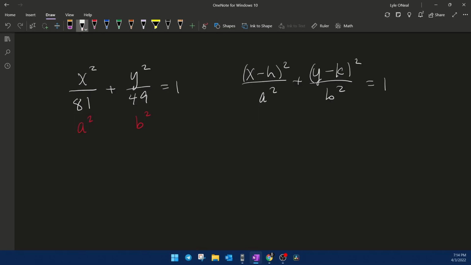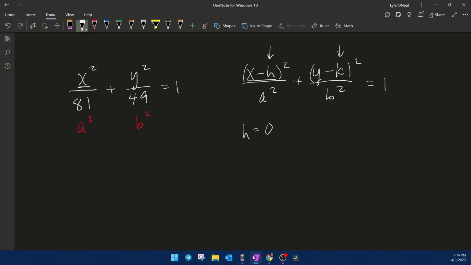All right, so now that we have our standard form copied down, a simple question: what value would h have to be for x minus h squared to simplify to only x squared? Well, h would need to be 0 because x minus 0 is x.